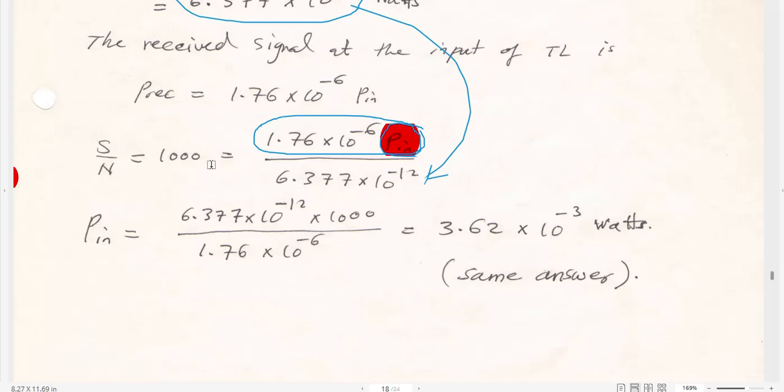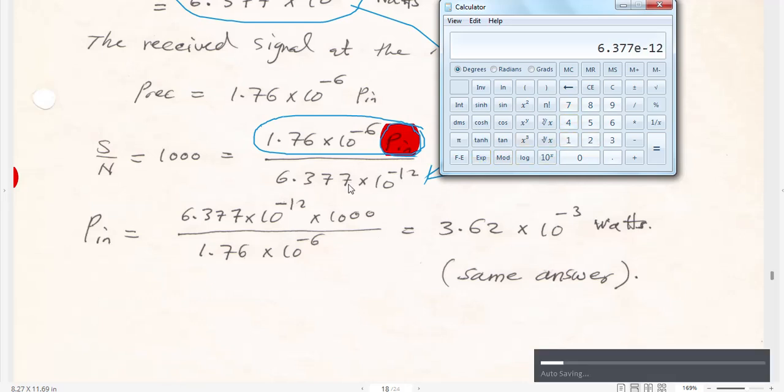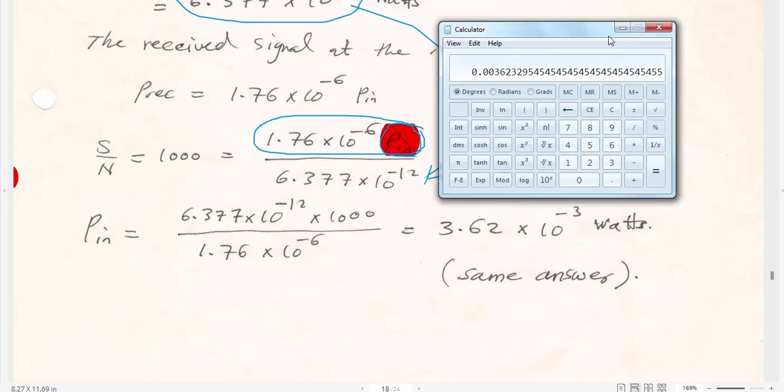So P input is equal to this times this over this: 6.377 times 10 to the minus 12 times 1000 divided by this coefficient, 1.76 times 10 to the minus 6, and the answer is, as you can see, 3.62 times 10 to the minus 3, or 3.62 milliwatt. Same answer.